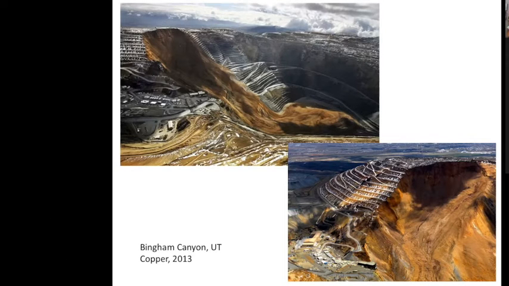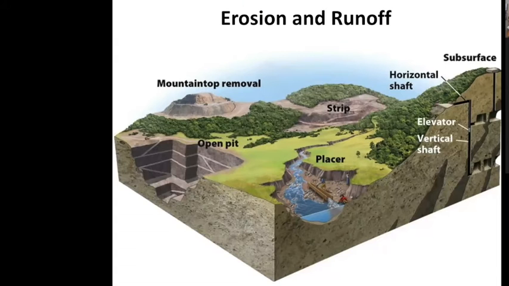This happened in 2013. I thought this was a good chance to just real quick review the types of mining that we introduced on Friday. So here you see mountaintop removal, which is one of the worst. The real issue here is that it's sloped. So when you have erosion, all of the toxic things that come out of mines go down into the valleys.